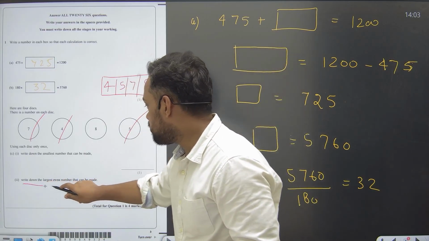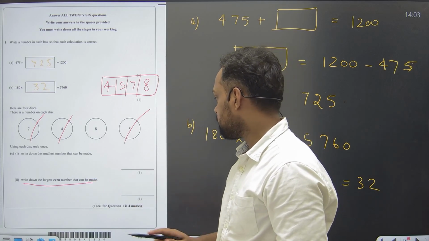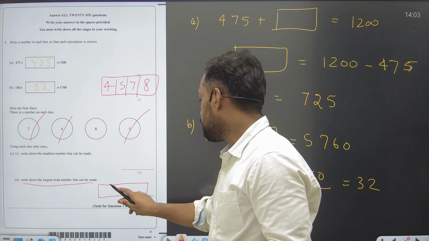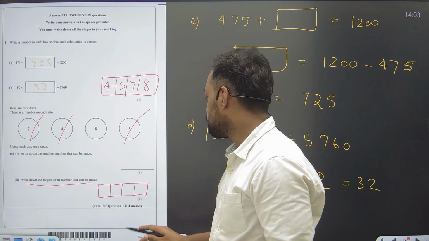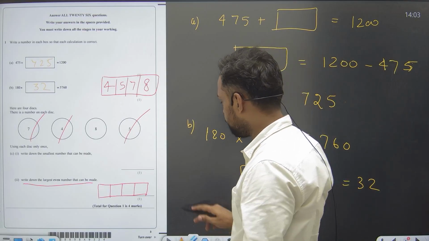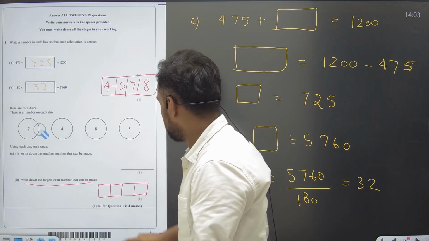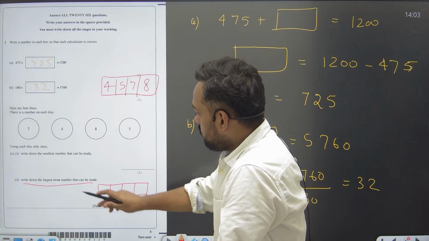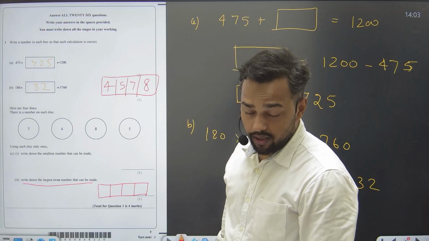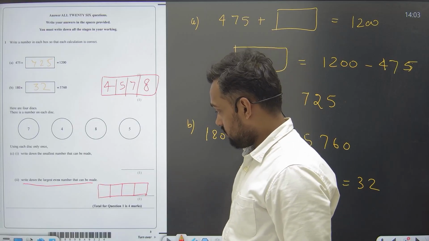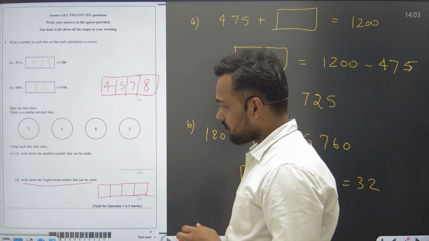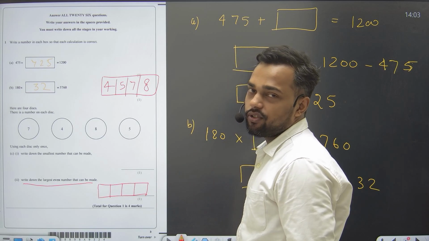Write down the largest even number that can be made. What is the property of an even number, student? It must be divisible by 2. So if it is an even number, the ones digit of this 4-digit number should be either 4 or 8, or any number which is divisible by 2.